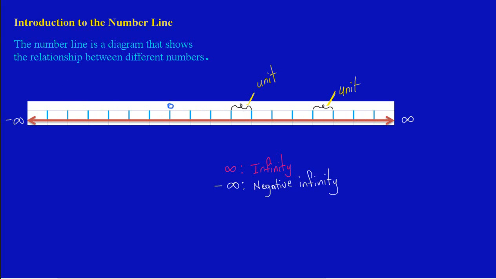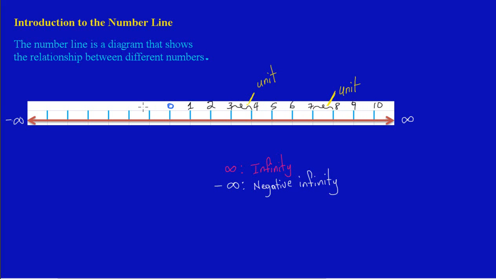So for example, if this is 0, then I would have a 1 here, then here I would have a 2, then here I would have a 3, I would have a 4, 5, 6, 7, 8, 9, 10, okay?